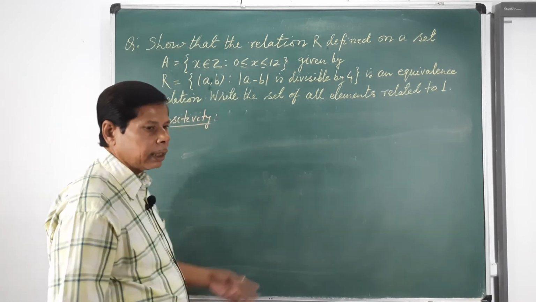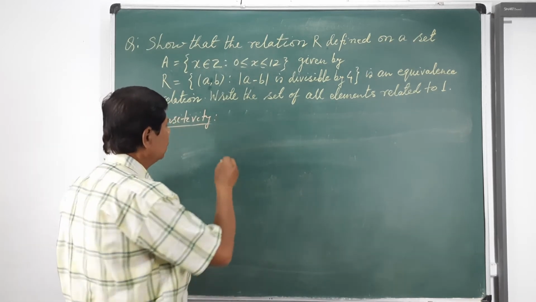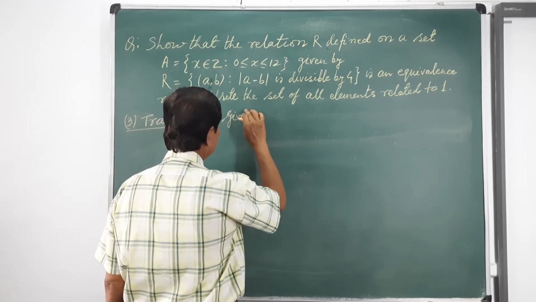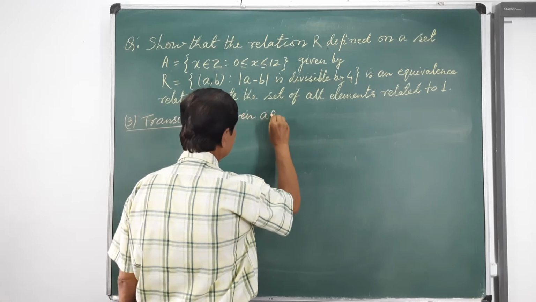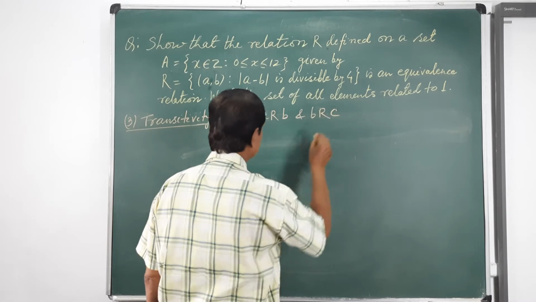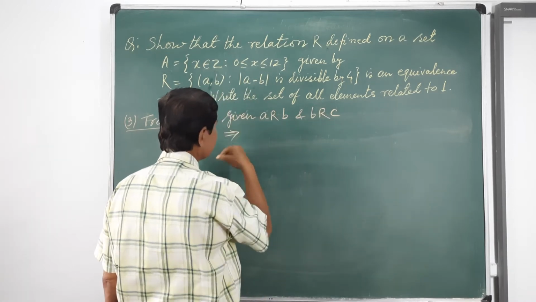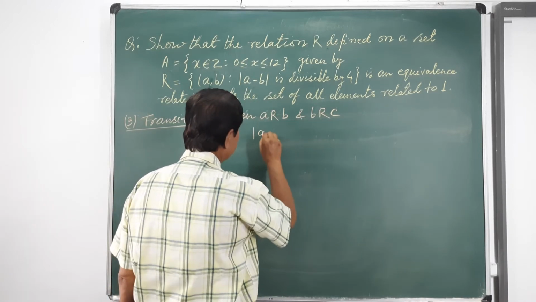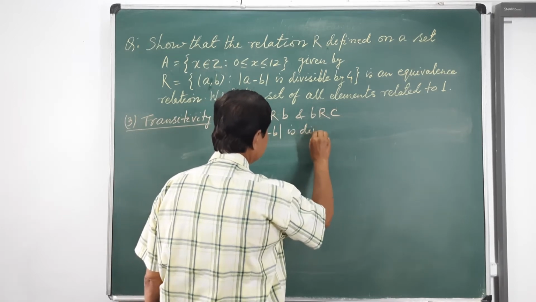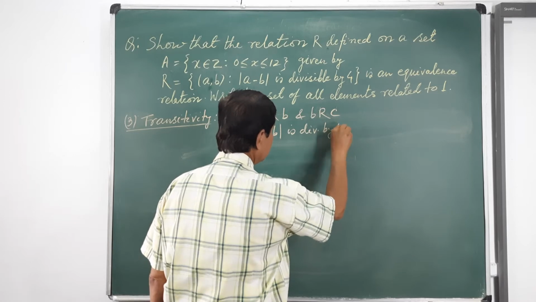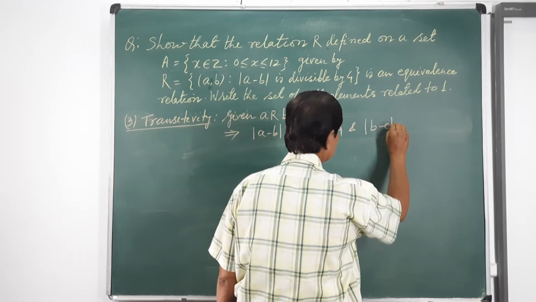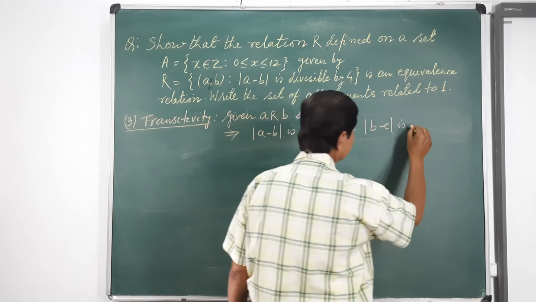In transitivity, again three elements will be taken from A. So here we shall write it in this way: given a is related to b and b is related to c. It is already given, which implies mod of a minus b is divisible by 4 and mod of b minus c is divisible by 4.